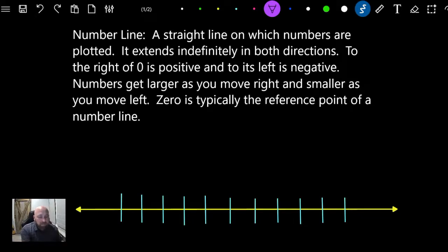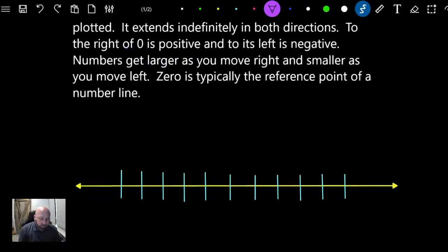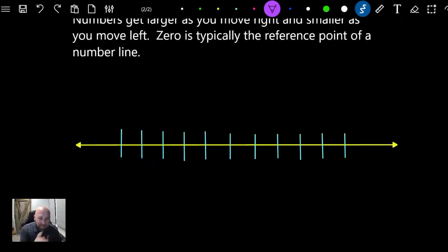Next, it says to the right of 0 is positive. What does that mean? Well, let's look at this. Let's put a reference point. We don't have a reference point on this yet, so let's put 0 as our reference point. So anything to the right of 0 is going to be positive. So this would be 1, 2, 3, 4, and 5.